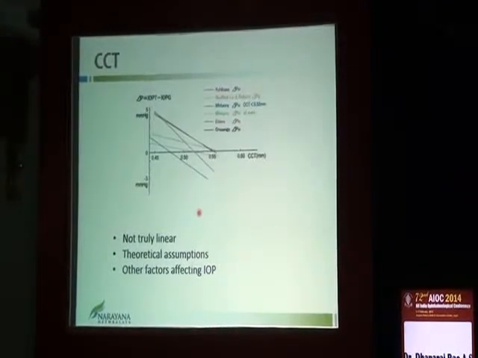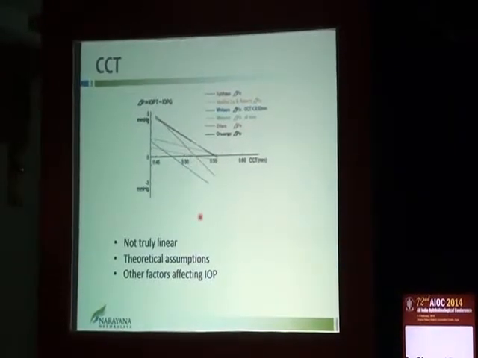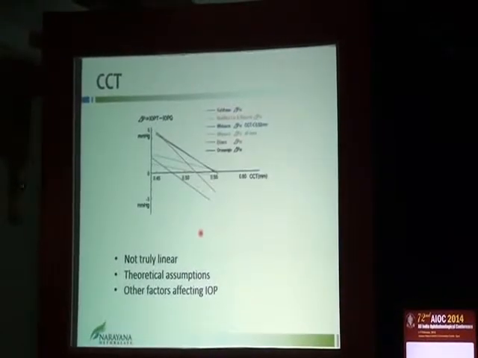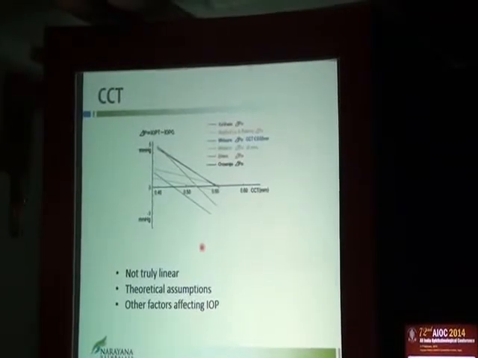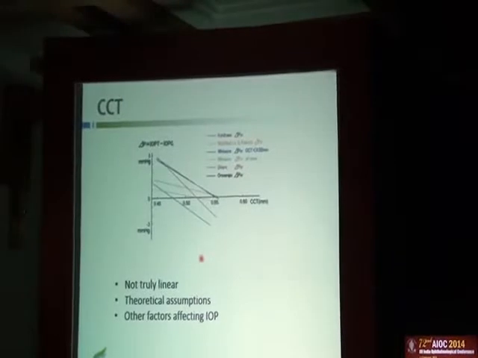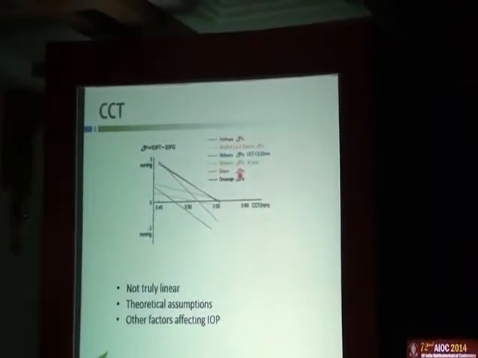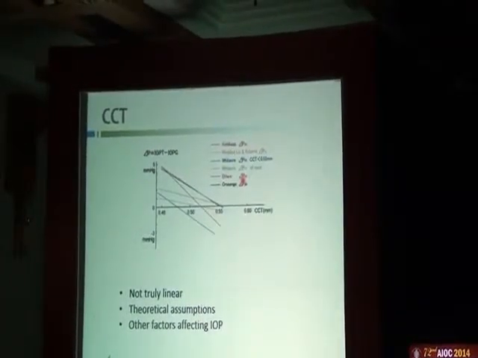The most widely studied factor is the central corneal thickness and its relation to the intraocular pressure. And we all know that thick corneas tend to overestimate the intraocular pressure, and thinner corneas tend to underestimate the intraocular pressure. So a lot of correction algorithms came up to give a corrected intraocular pressure.